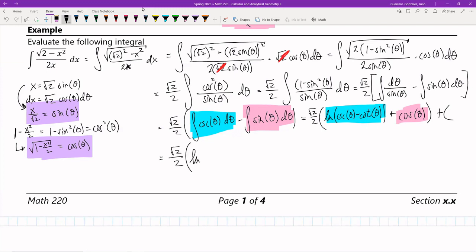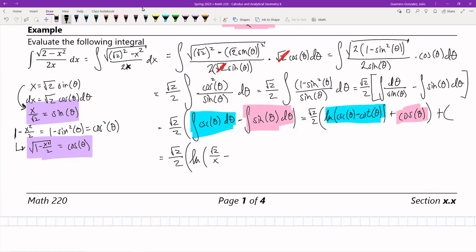So all of this is now equal to root 2 over 2 times the ln, I'm going to put big parentheses there. Cosecant is 1 over sine, which means it's this thing flipped, so it's root 2 over x, minus cotangent theta.